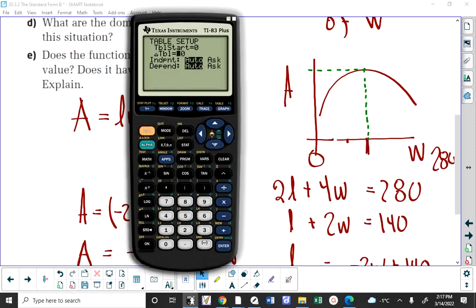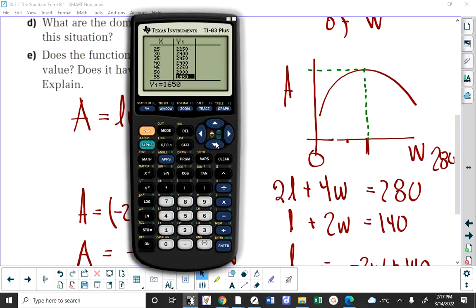I'm going to go up by 5. There we go. Look at that. It's going up, up, up. It reaches 2400. It reaches 2450. Then it goes back down to 2400. So the maximum has got to be around 2450.